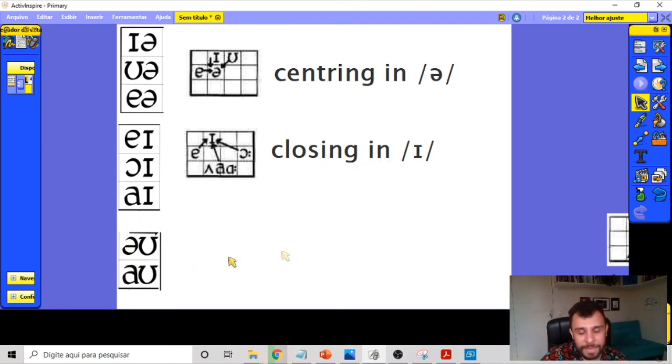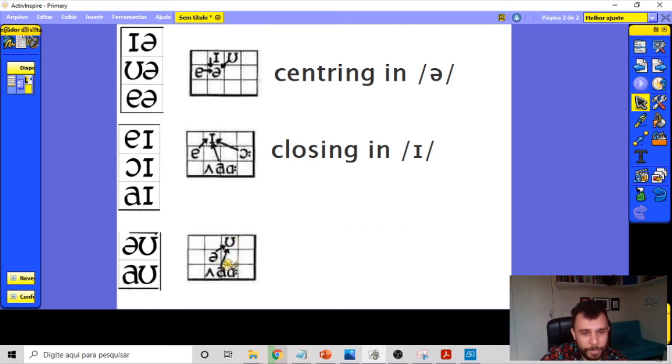And then, last but not least, we have oh and ow. These two diphthongs end in o, which is also a closing sound. What are we calling closing here? Remember, when you produce the phonemes in this first row here, you have to close your mouth.